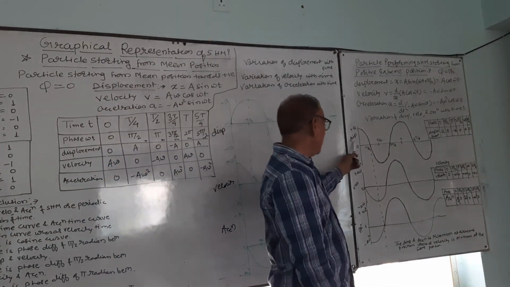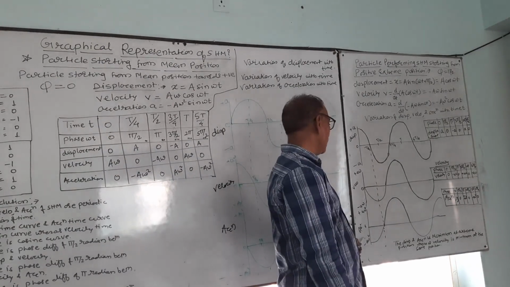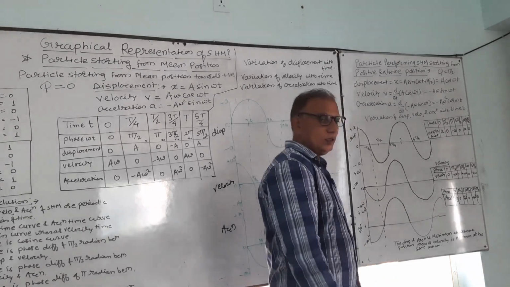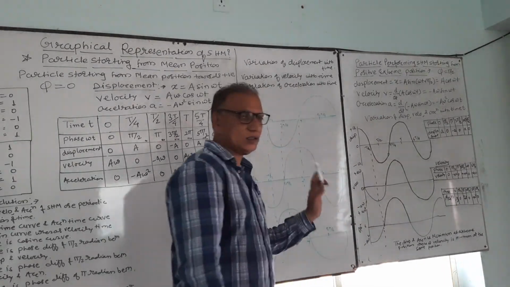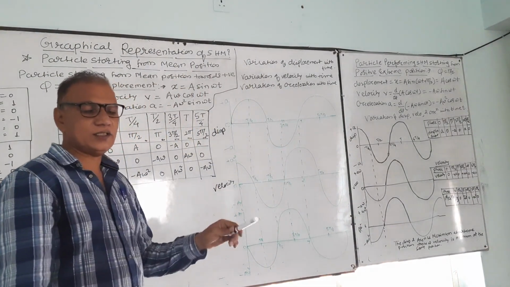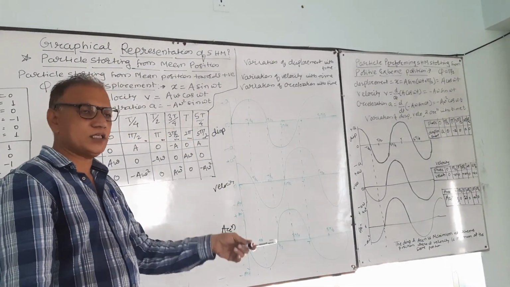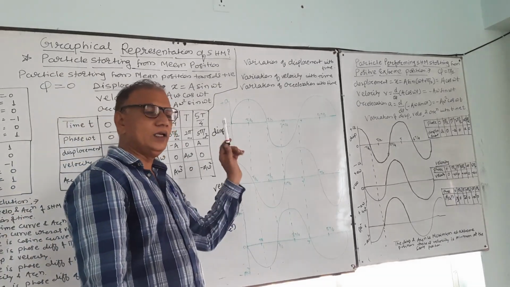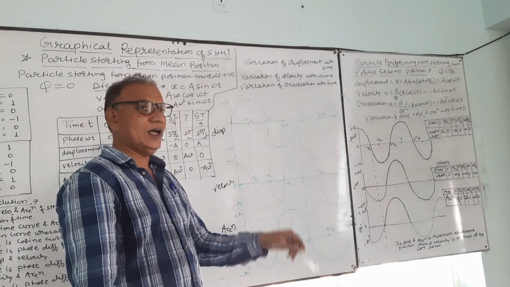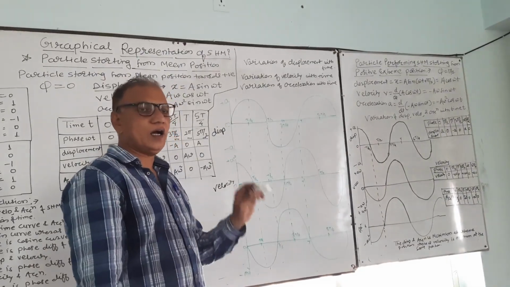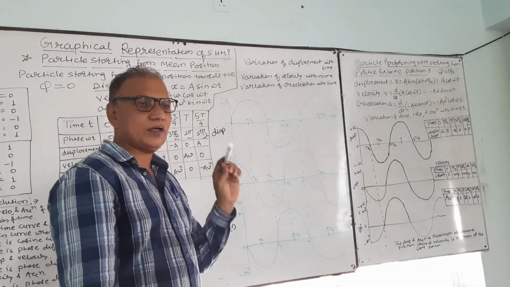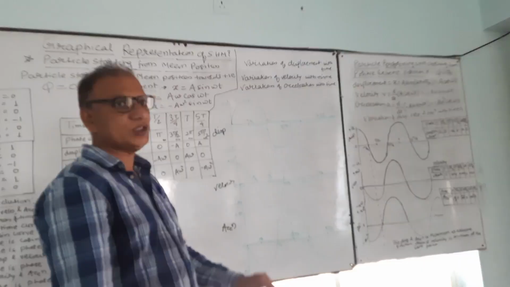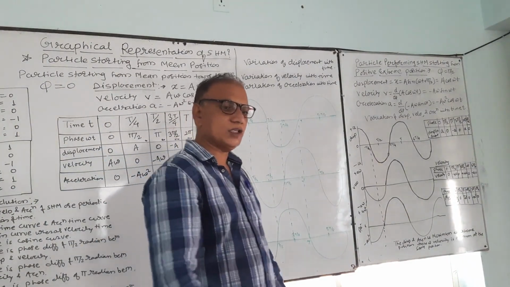The remaining part is the same: phase difference of pi by 2 between displacement and velocity, phase difference of pi by 2 between velocity and acceleration, and phase difference of pi radian between displacement and acceleration. And finally, all curves repeat after twice pi radian or after time T. This is the conclusion for a particle starting from the mean position and a particle starting from the extreme position.